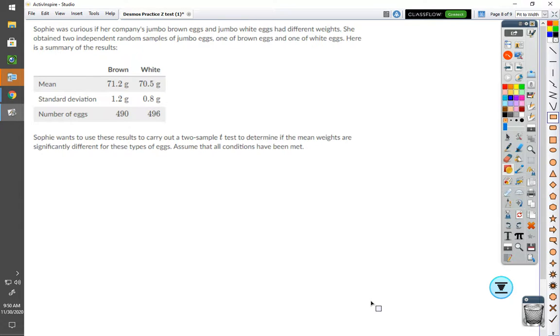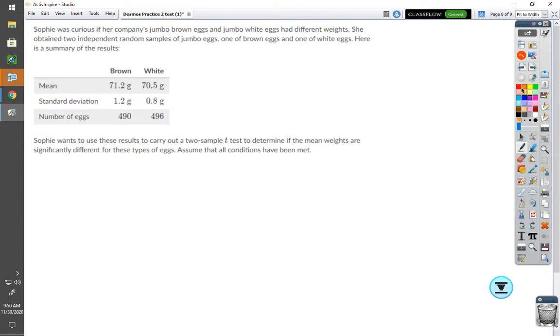Okay, so the first thing we have to do is identify a couple pieces of information we have, write them down, and know that we are going to perform a two-mean test. So I'm going to write down, for instance, that my X bar for my brown is 71.2. I know that also for the same thing as my sigma for my brown is going to be 1.2. And I know that my N value, again, for brown is 490.